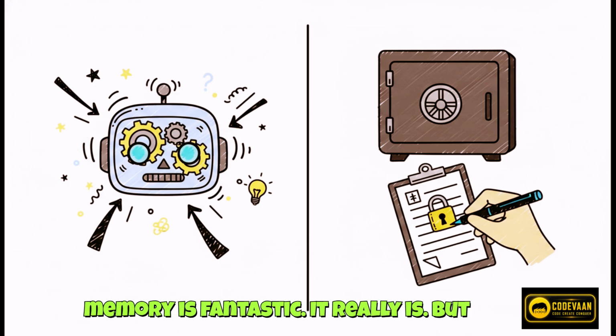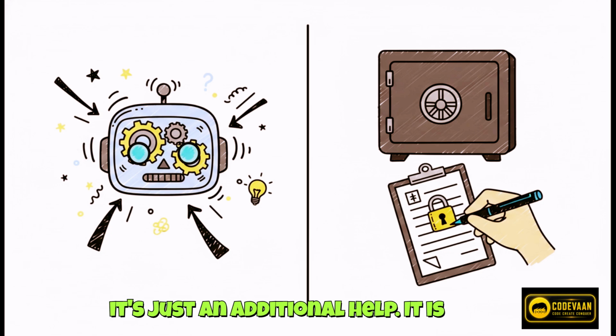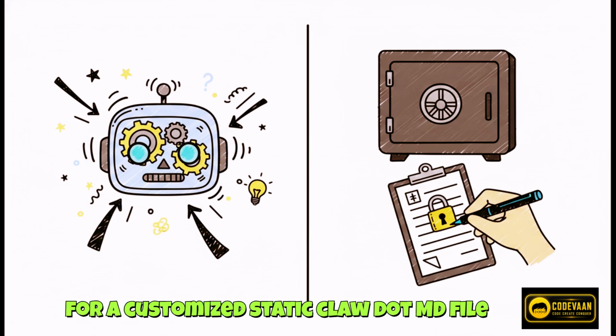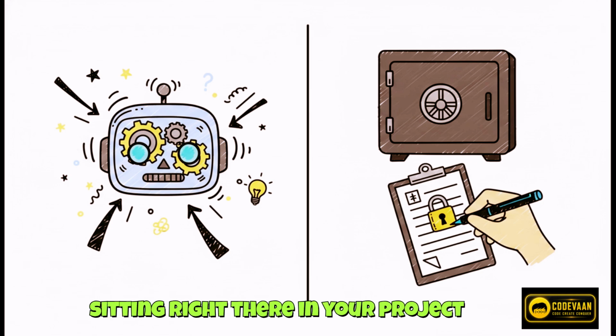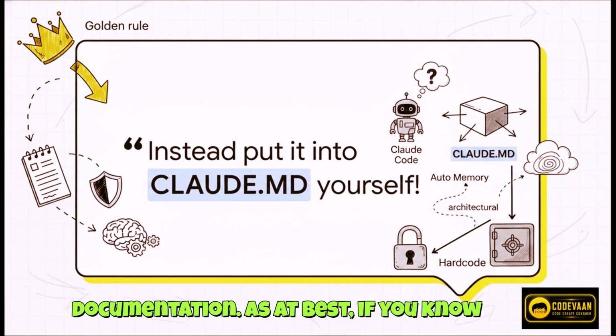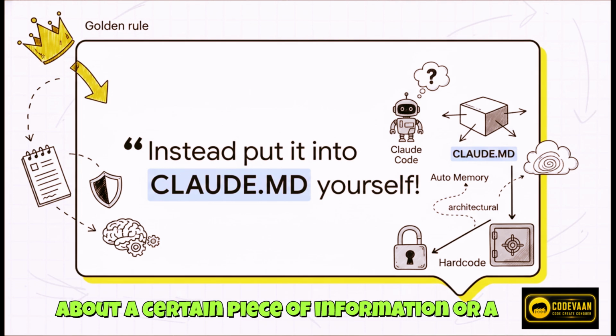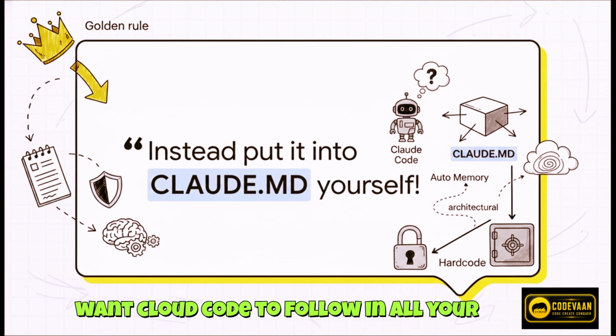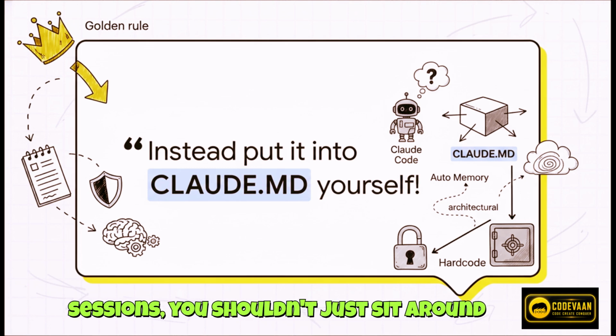Look, auto memory is fantastic, it really is, but it's just an additional help. It is absolutely, positively not a replacement for a customized, static Claude.MD file sitting right there in your project root. So write this golden rule down. The documentation says it best. If you know about a certain piece of information or a specific instruction that you absolutely want Claude Code to follow in all your sessions, you shouldn't just sit around and hope for it to memorize it.